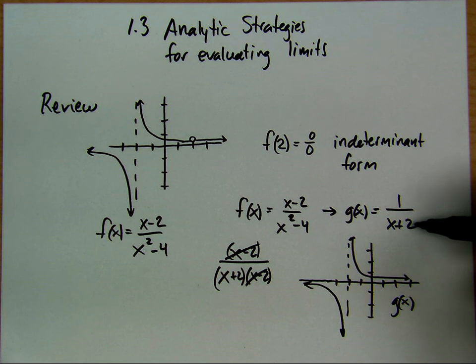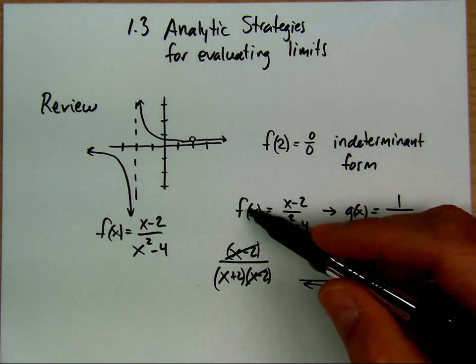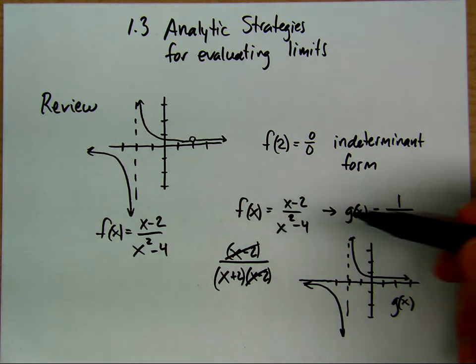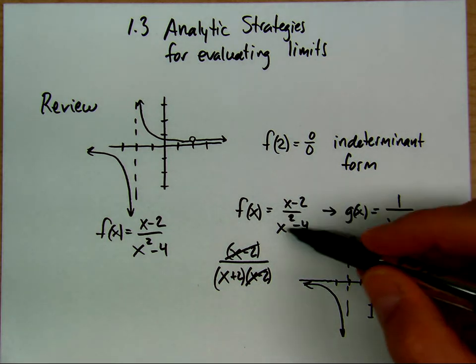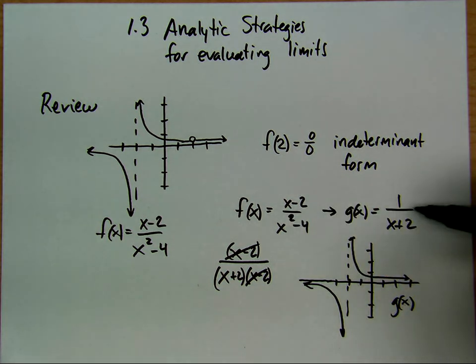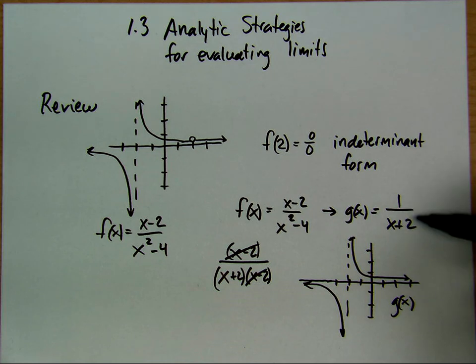And sometimes there are questions like, find a function that agrees with f at all points except for 1 point. And that's just a way of saying cancel and rewrite it. When we graph this function, there is a vertical asymptote, but we never get 0 over 0, so there's no missing point.